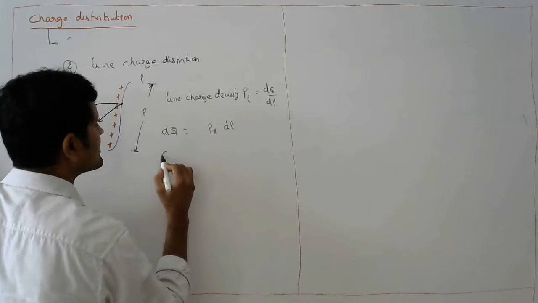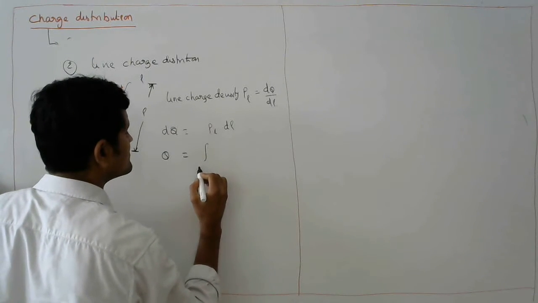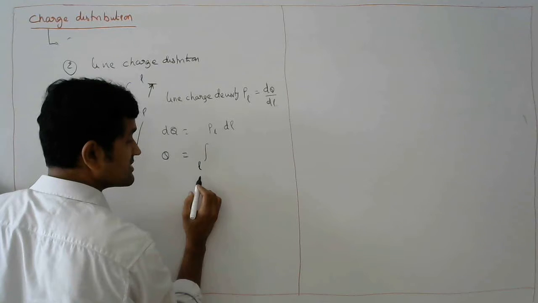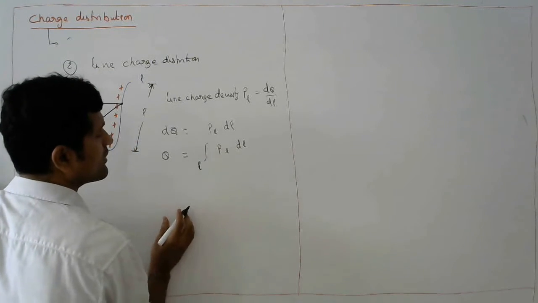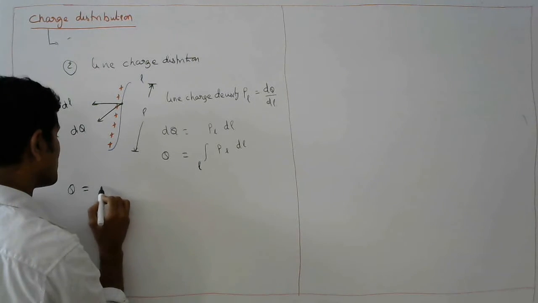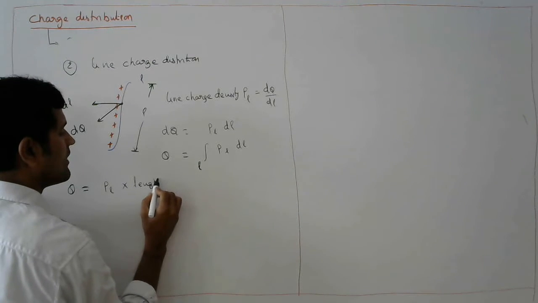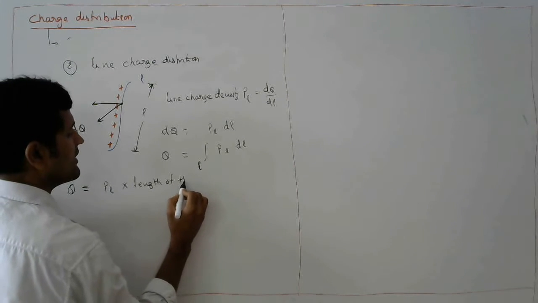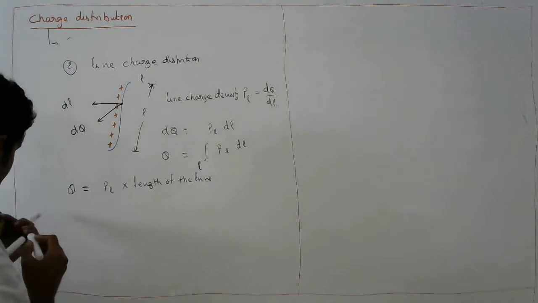To calculate the charge for the entire length, we integrate with respect to the line: the line integral of rho L into dl. Q can also be calculated using the formula rho L into the length of the line.